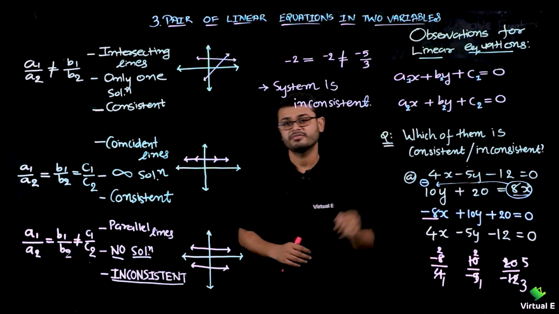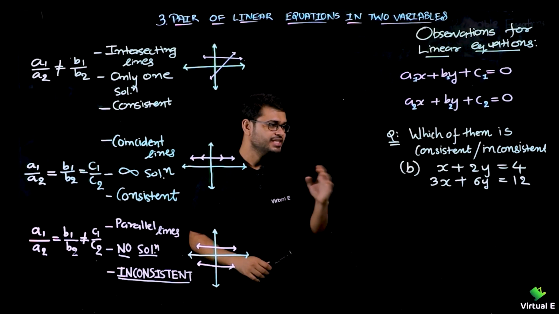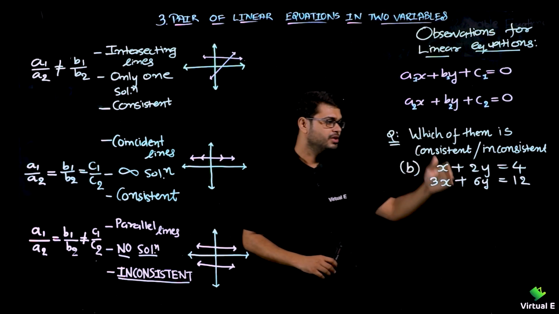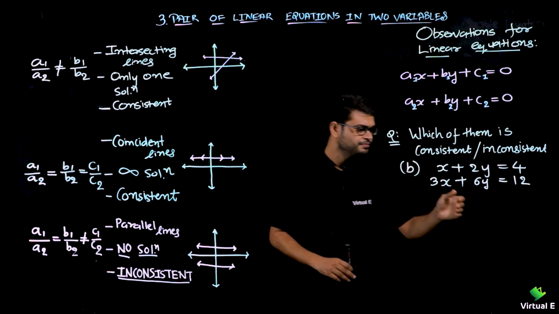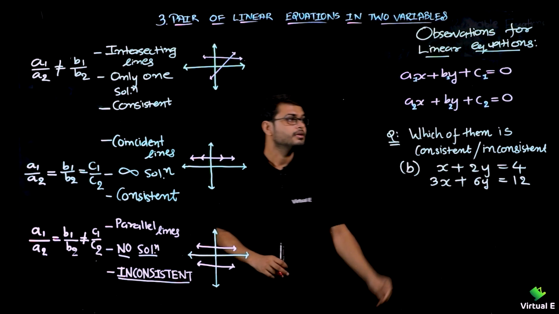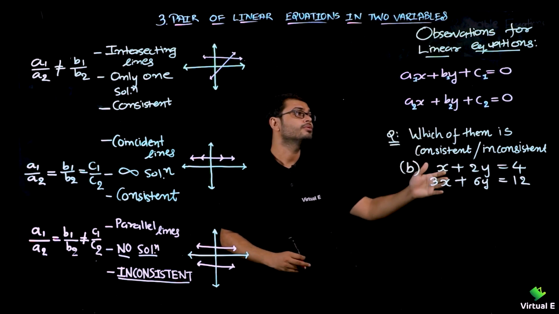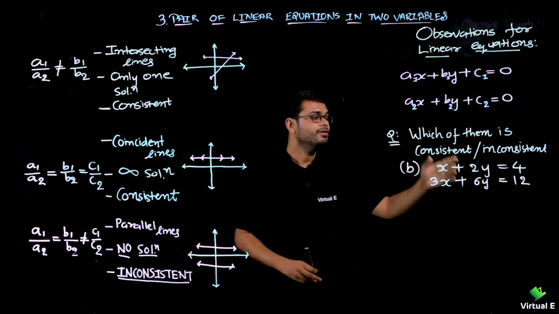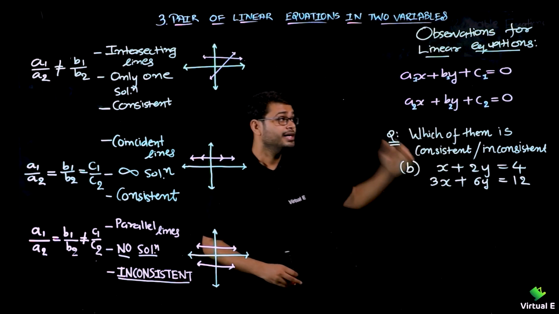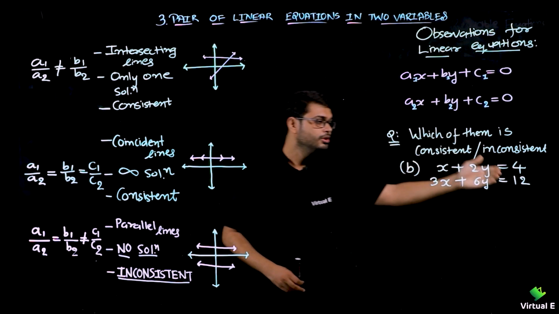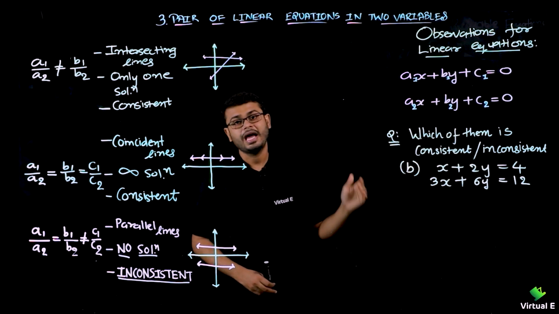Let's do another sum. So let's discuss the second sum. We have two equations, x plus 2y is equal to 4, 3x plus 6y is equal to 12, right? So what we are going to do, the first step I told you, the key step you need to remember, is to convert into standard form. RHS should be 0. That's our motto. We want to shift this constant to the LHS.